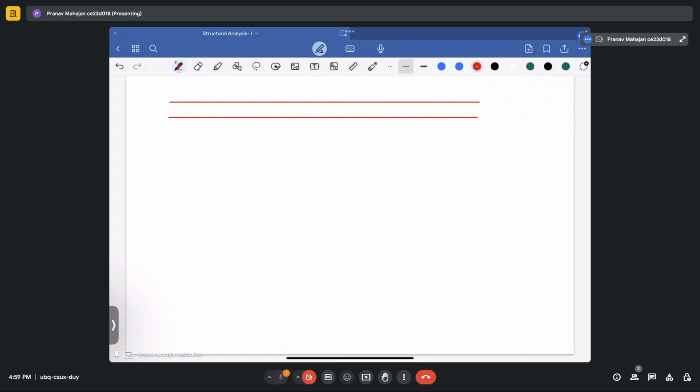So first we have only these two spans. So here we have A, B, and there it is B and it is C. Now your fixed end moments are minus 25, 25, 0, and 0.